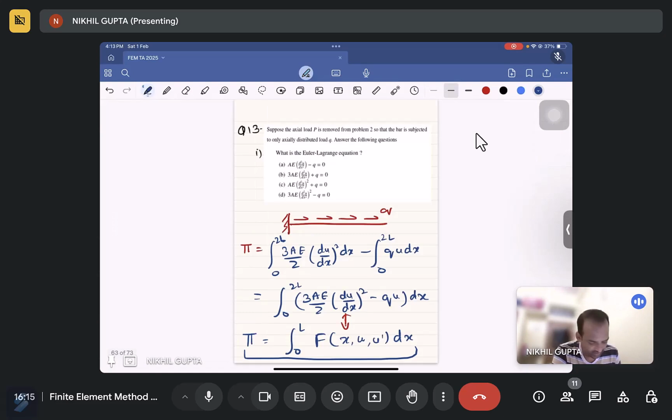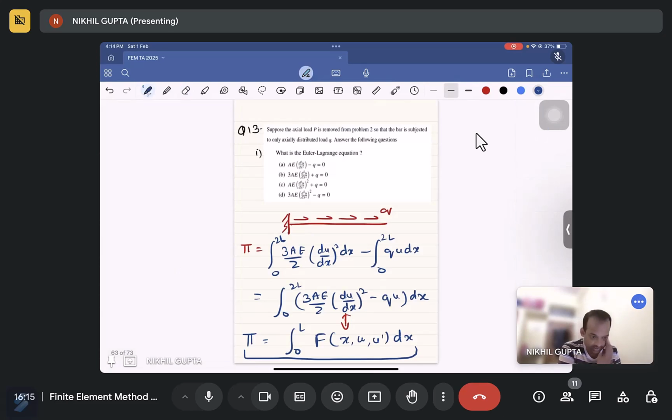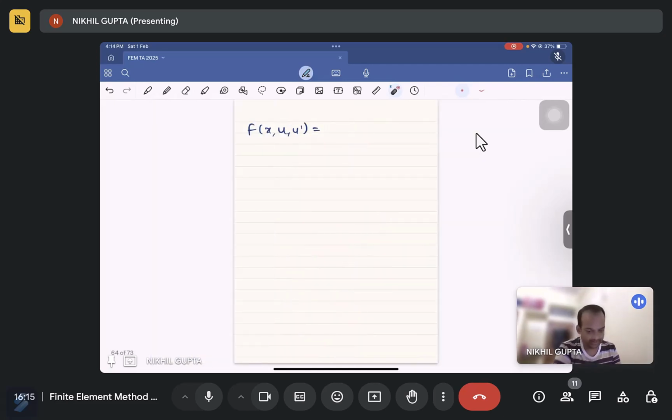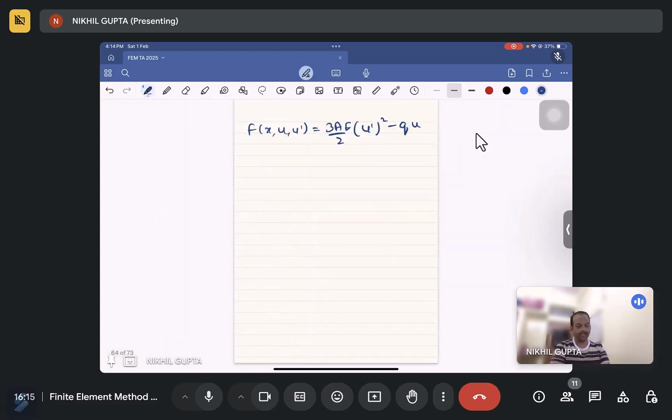If I have written x, y, y dash, I should write u. So x, u and u dash. See, it is dependent on x, it is dependent on u, and it is dependent on du/dx. So three variables are there. So what functional will we get? We'll get 3AE by 2 u dash whole square minus qu, the same thing which is written here. We have compared it and got the functional of this system.